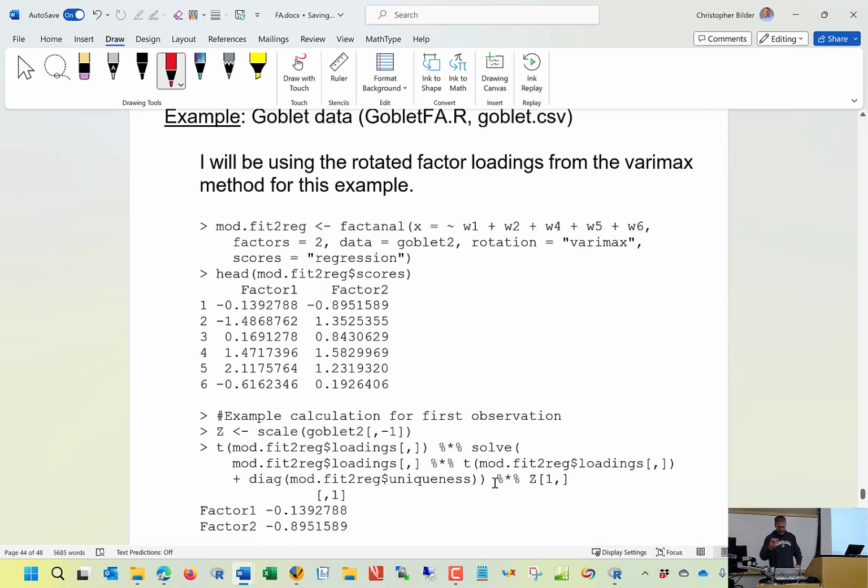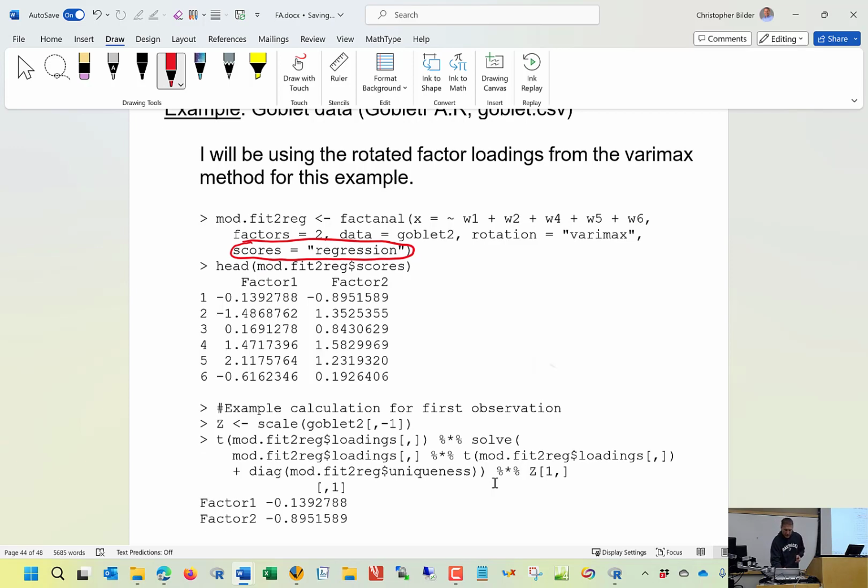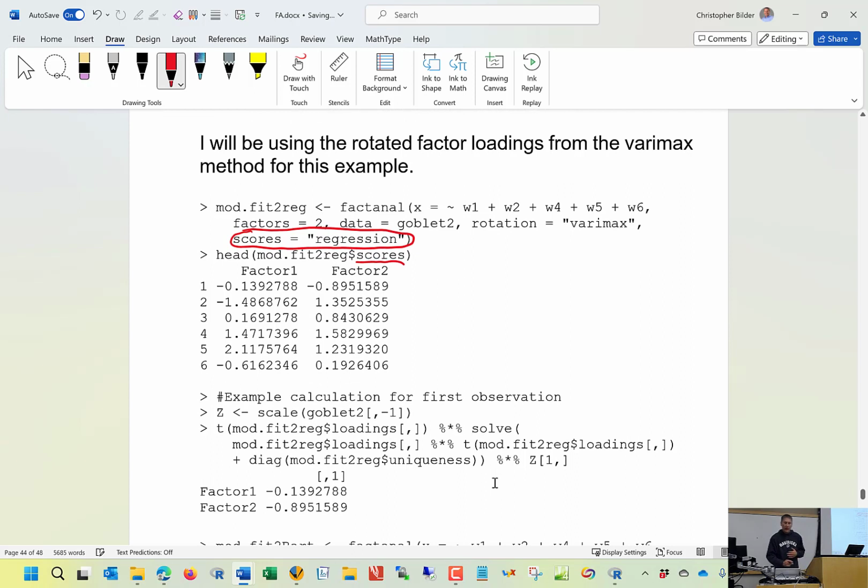Okay, so let's now take a look at an example. We're going to go back to the goblet data. Everything's the same in how I've used the fact_anal function, except now I say scores equal regression. And what's going to happen is that R is going to put the corresponding scores for every single observation in the scores component of the list that is returned to us from using the fact_anal function.